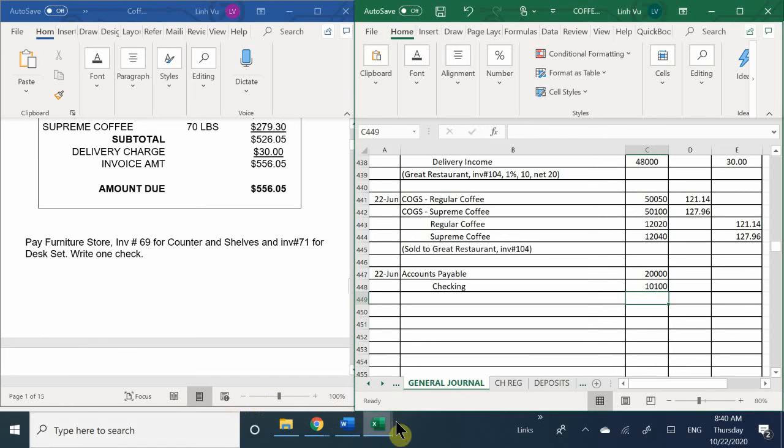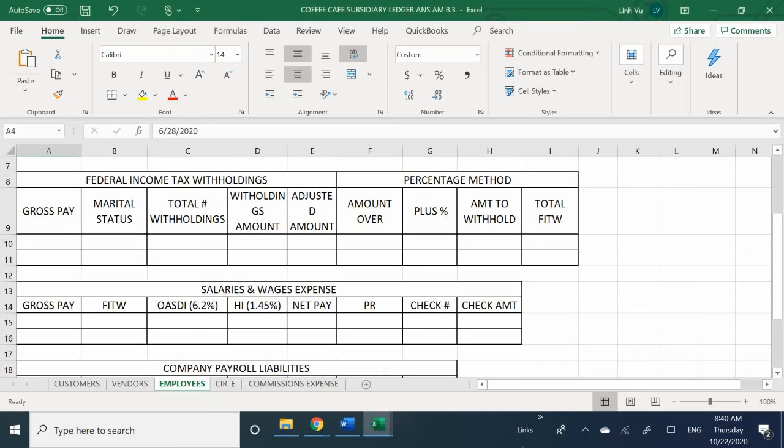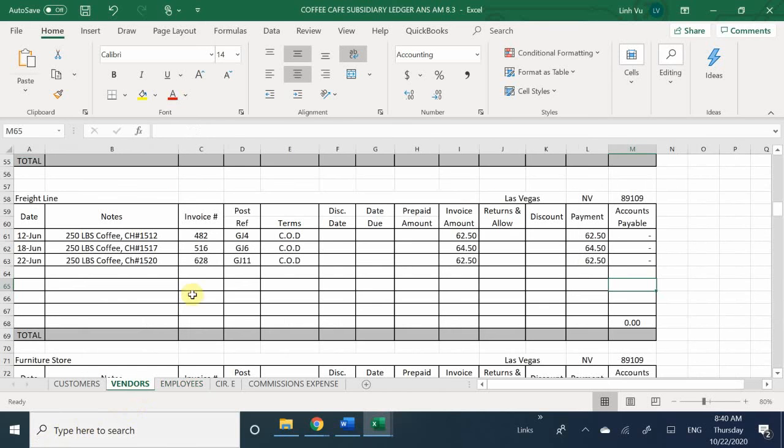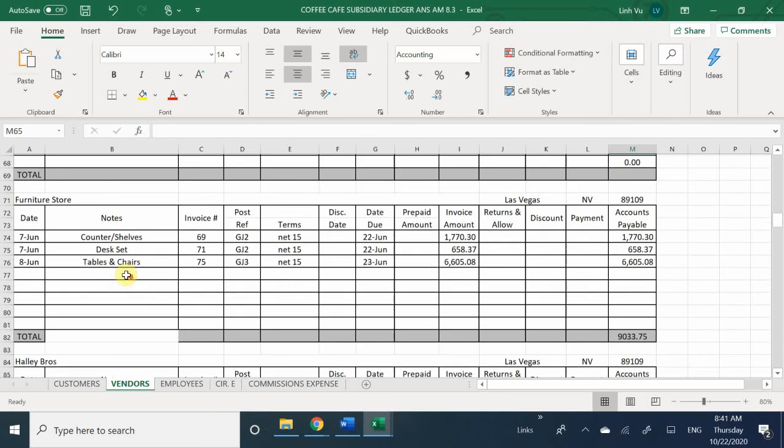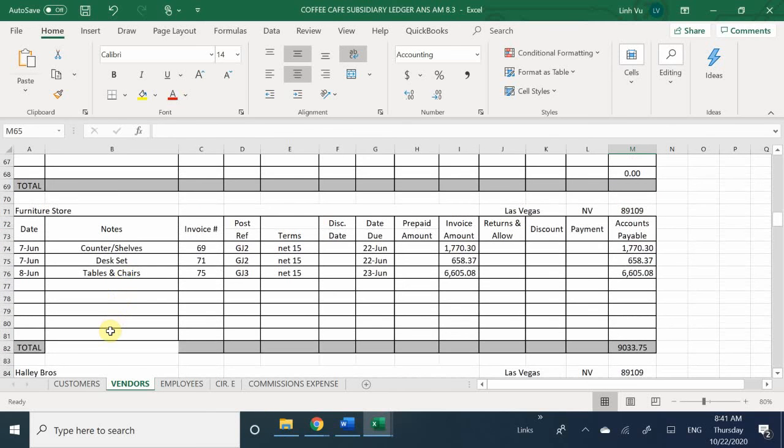Correct. Okay, all right. We go there, and it's furniture store. Yes, that is the vendor. So my question to you is this: do we get the amounts and then go back to the journal?